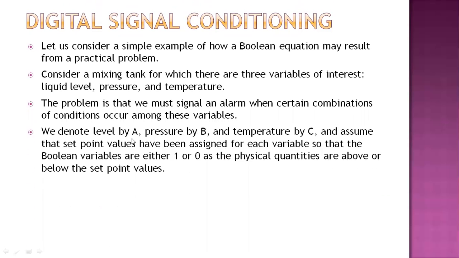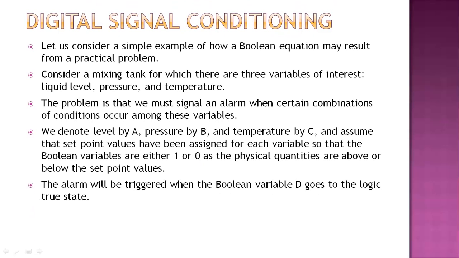So we denote the level by A, the pressure by B and the temperature by C, and assume that set point values have been assigned for each variable so that the Boolean variables are either 1 or 0 as the physical quantities are above or below the set point values. The alarm will be triggered when the Boolean variable D goes to the logic true state. So that is the condition.